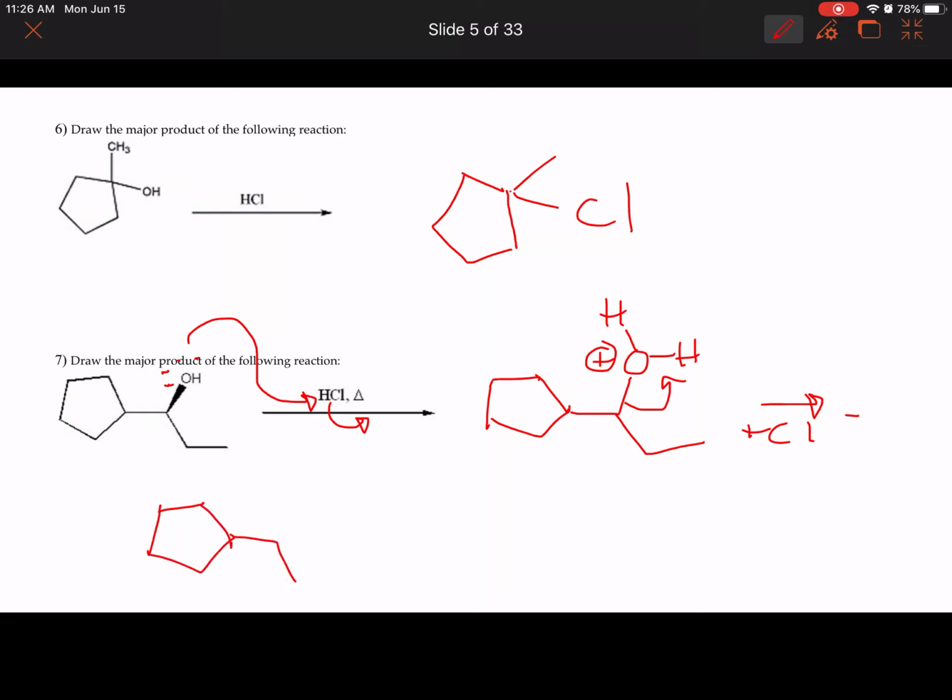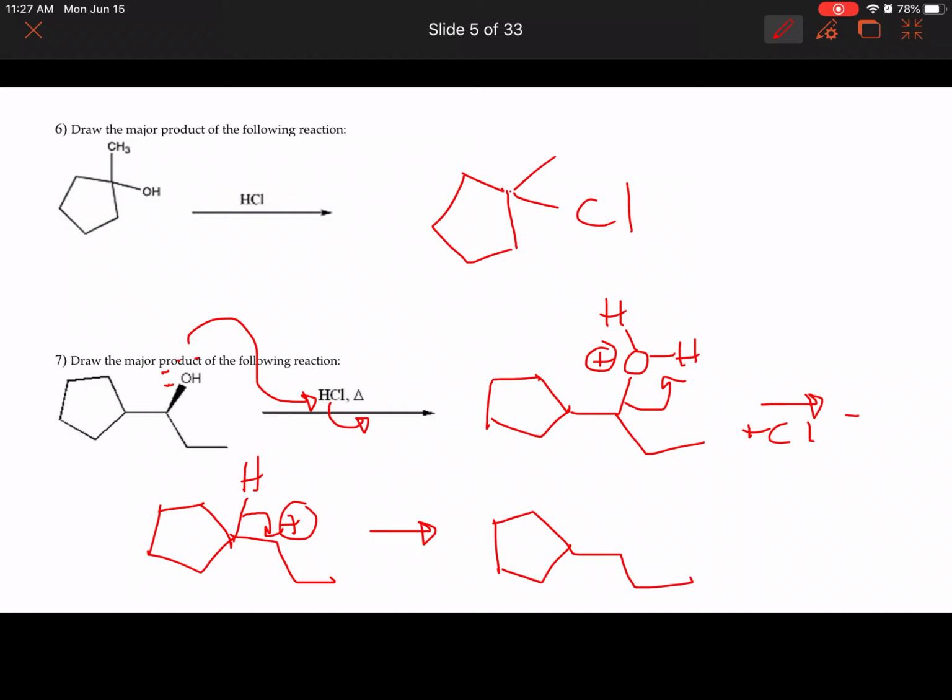You have this secondary carbocation, and the carbon where we have the attachment to the ring has a hydrogen there, which is not normally drawn in your skeleton structure. So you can move this hydrogen to this carbocation. By doing that, this is a rearrangement. So by doing that, what's going to happen?